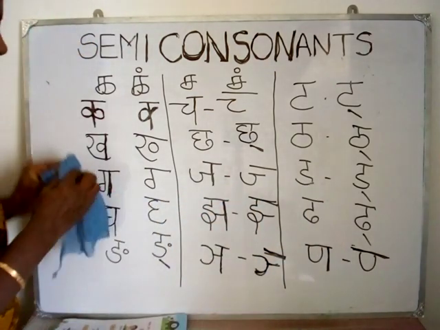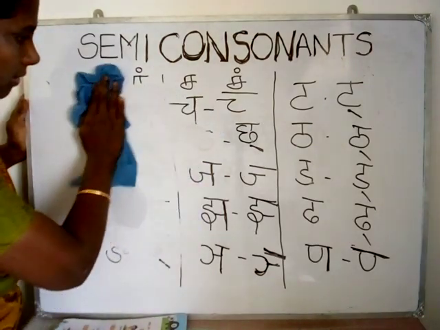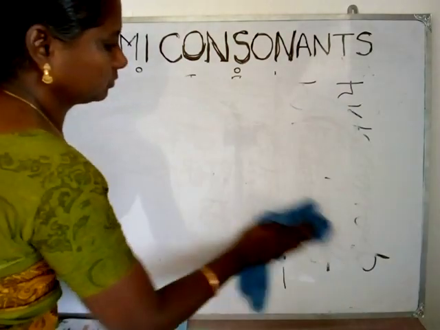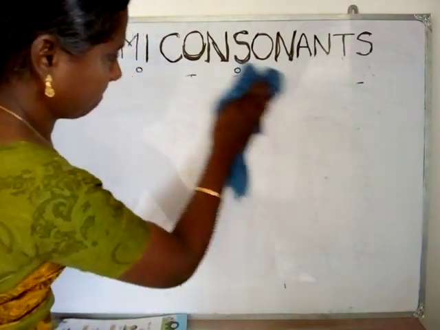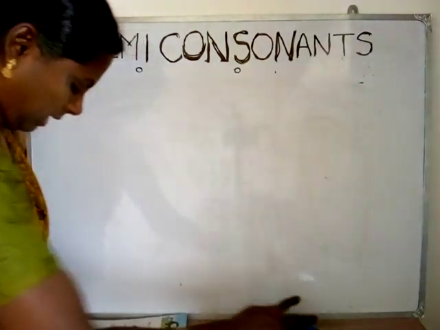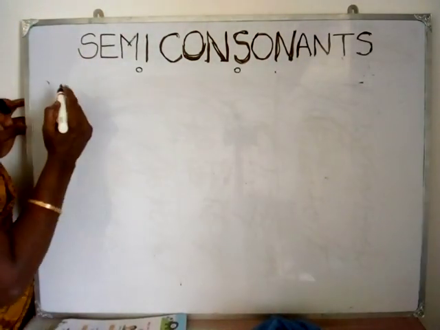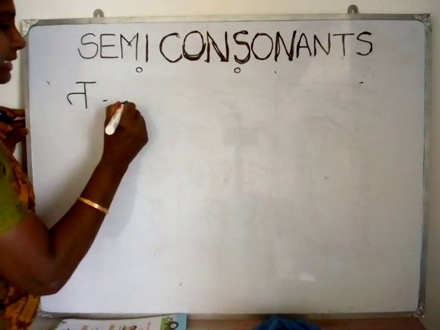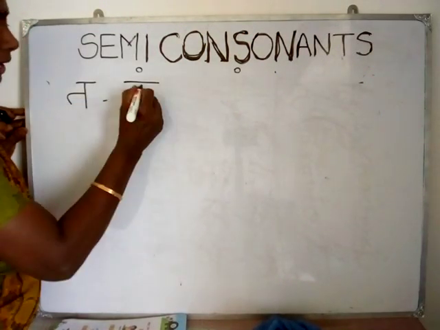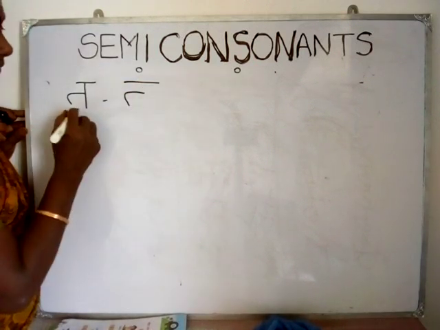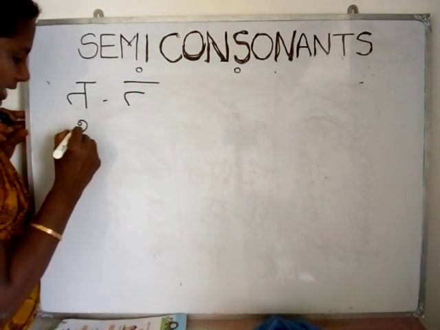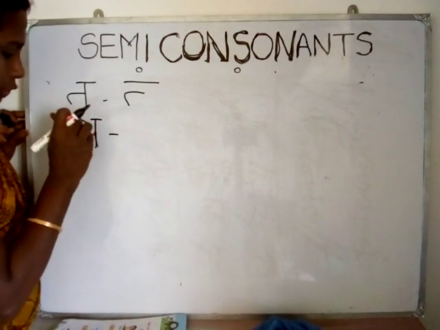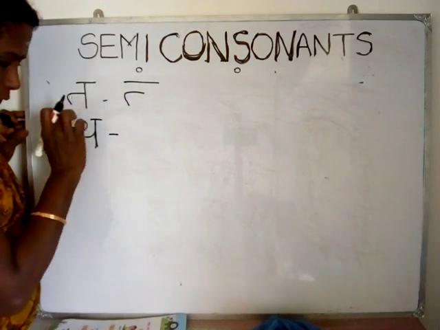Next, you are going to study the other lines. Next, ta. See here, listen carefully. This is ta and this is it. You have to remove this line. Listen, the sleeping line should not come here.